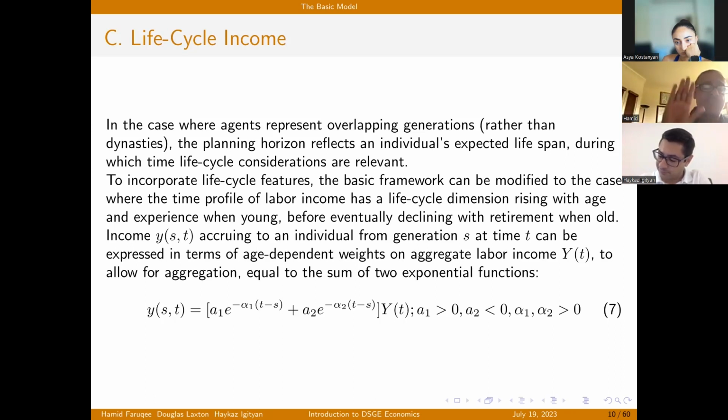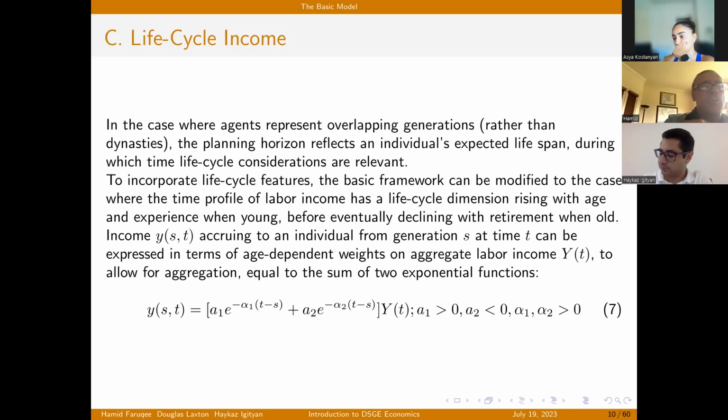And so you have this non-monotonic or hump-shaped pattern to your income profile on average. And then we'll show you some empirical results on what those income profiles look like, for example, in the US. But you can think about this as a hump-shaped income profile as the time profile of your labor earnings over your working life.